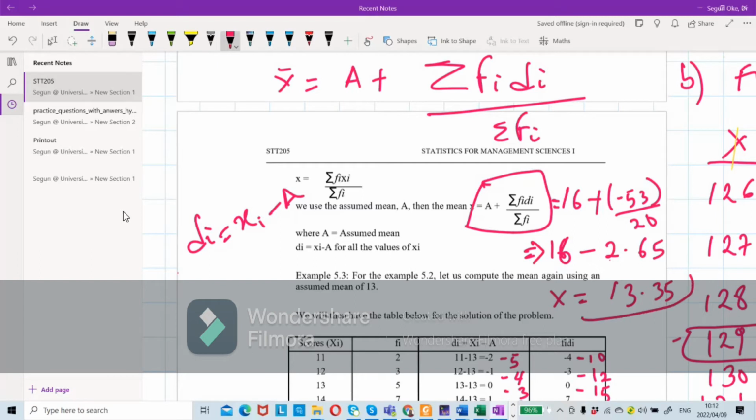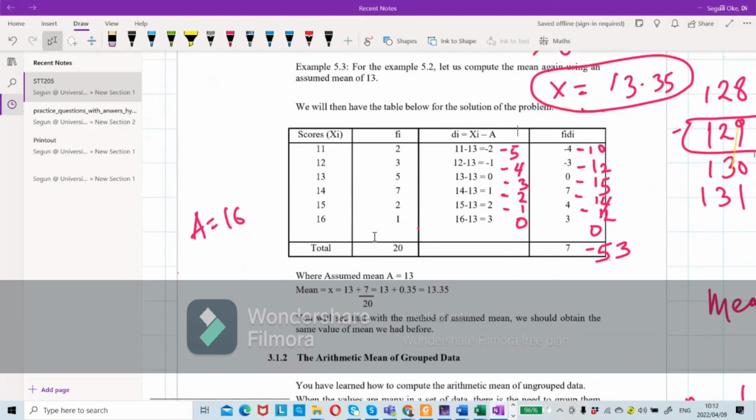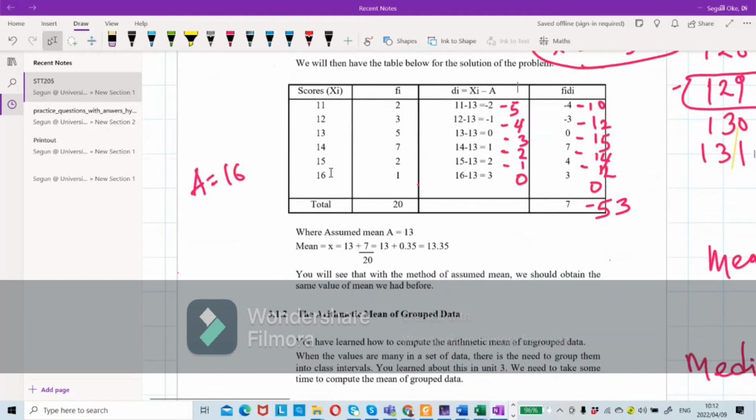Can you see it now? Yes, sir. So it is the same answer you have automatically if you do your diligence very well. That is the assumed value method.